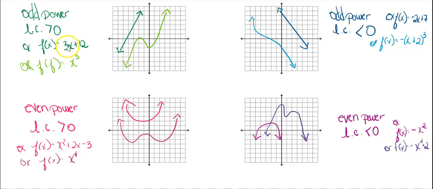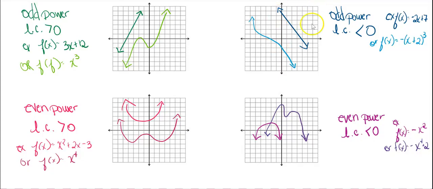Its leading coefficient is greater than 0. Therefore, it rises. The slope is positive, so it rises. But you could also have a power of, let's say, 3 or a power of 5 or a power of 7. It doesn't matter. As long as you've got an odd power and the leading coefficient is positive, the graph is going to rise over time, at its end behaviors.